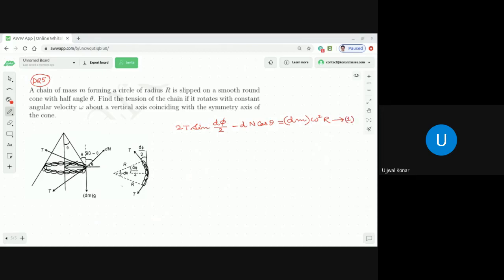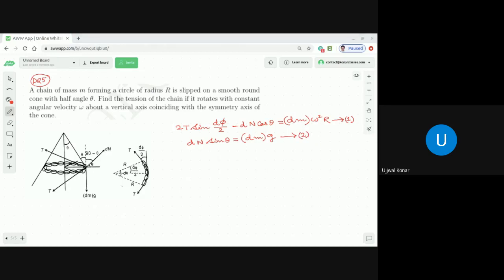And the second one is that dn sine theta is equal to dmg. So dn sine theta is equal to dmg, and this is our equation number 2.